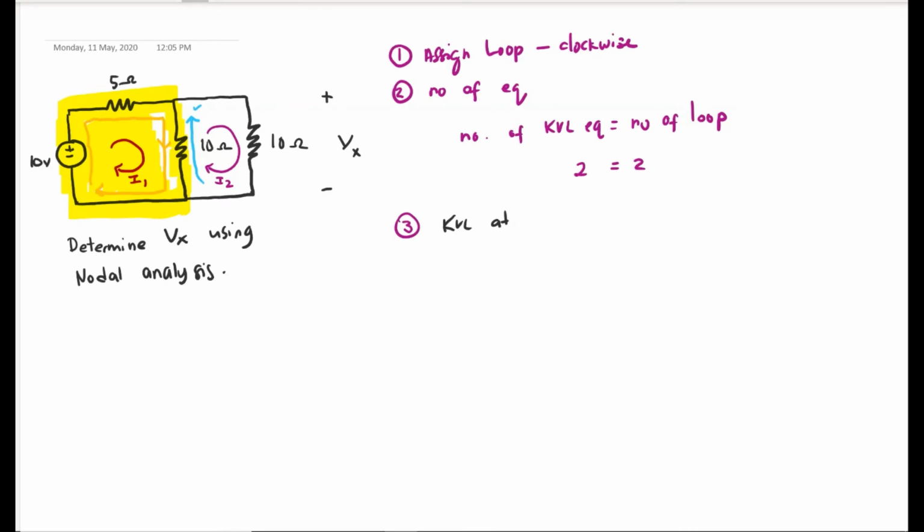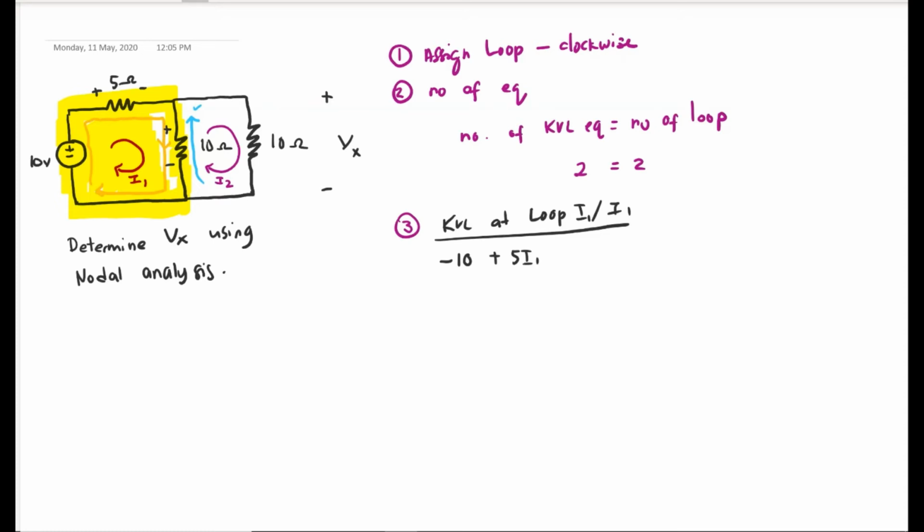So from the first loop, KVL at loop 1 or at I1. So assume all is positive because of the I1 loop. So the dominance of the polarity will depend on I1. So minus 10 plus 5 times I1, which is the Ohm's law.